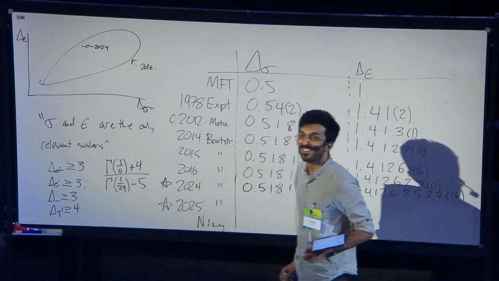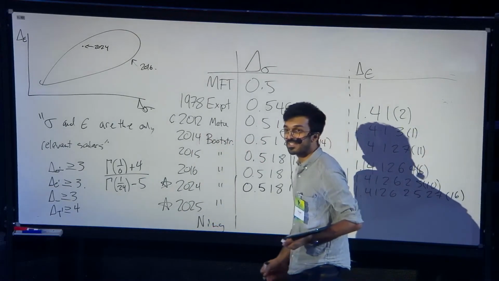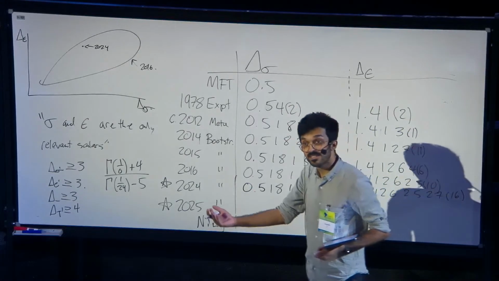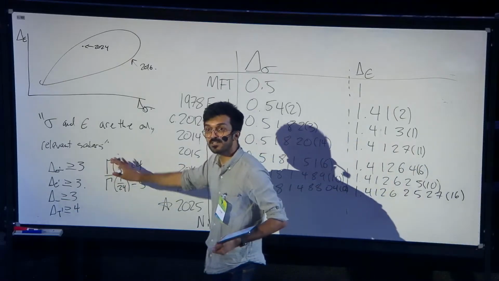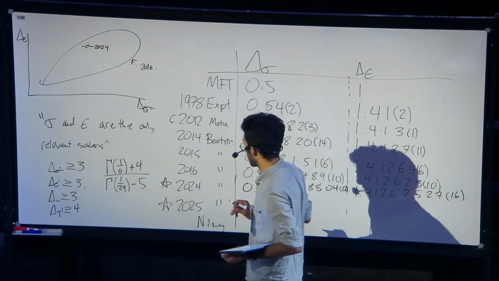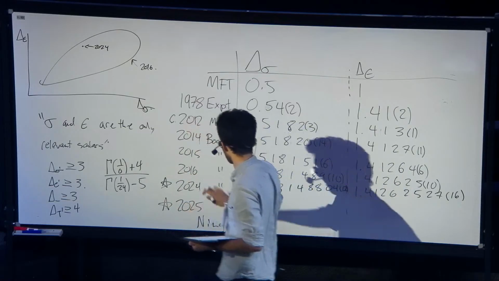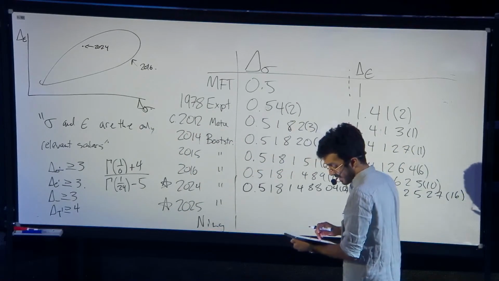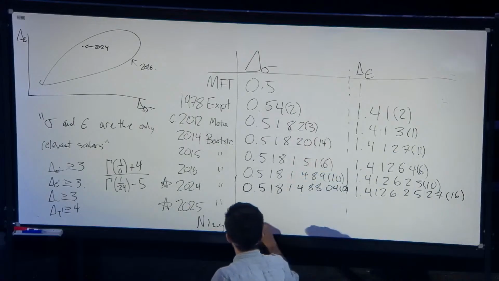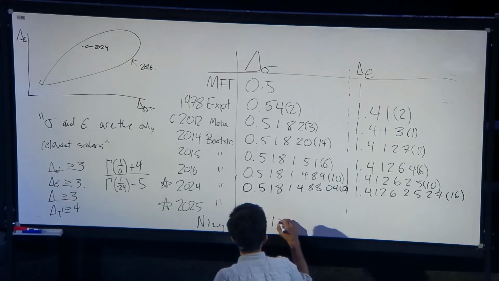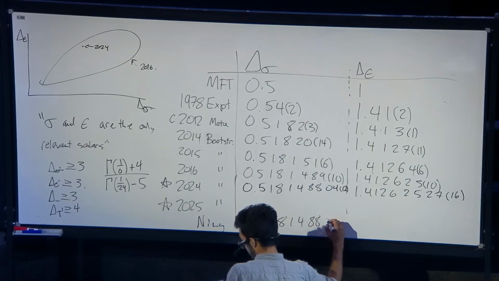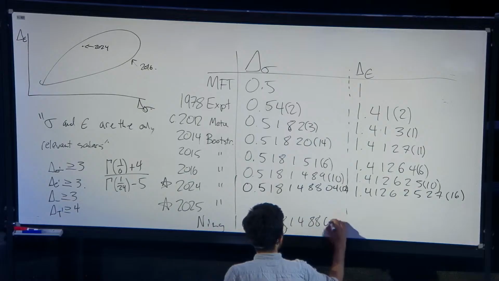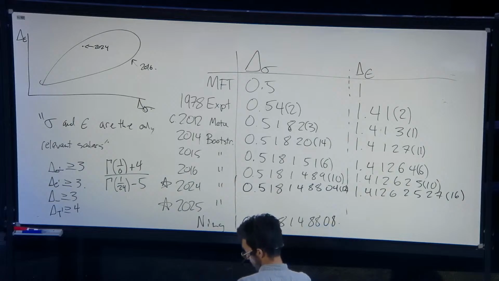Okay. And Ning figured this out by looking at the supersymmetric Ising CFT as well, and looking for forms that looked similar between the two. And he was able to come up with this prediction way back in 2016. And his guess for delta sigma is 0.51814808, just about.